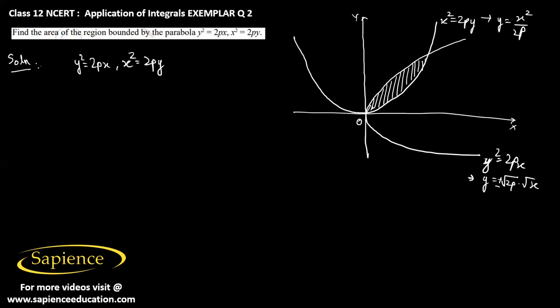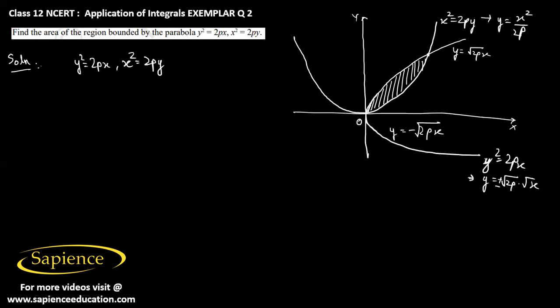For the branch above the x-axis, the equation will be y equals root over 2px. But for the branch below the x-axis, the equation will be y equals minus root over 2px, since it is on the negative side of the y-axis.